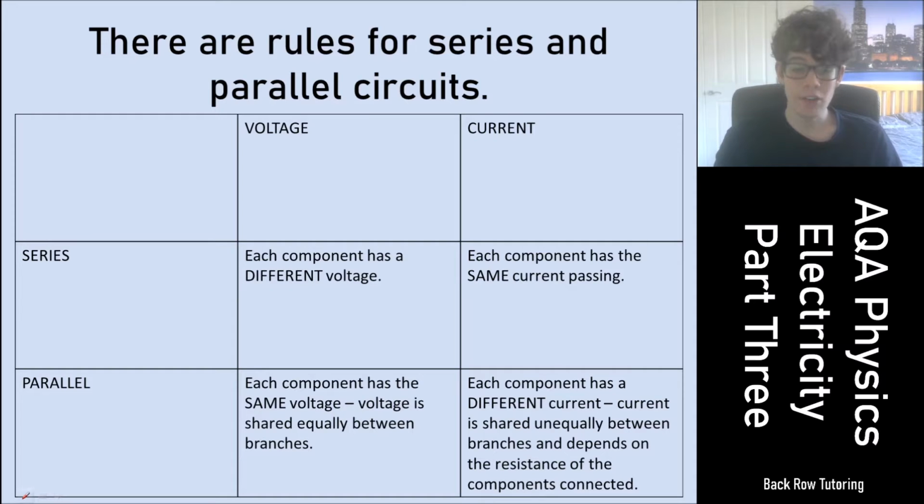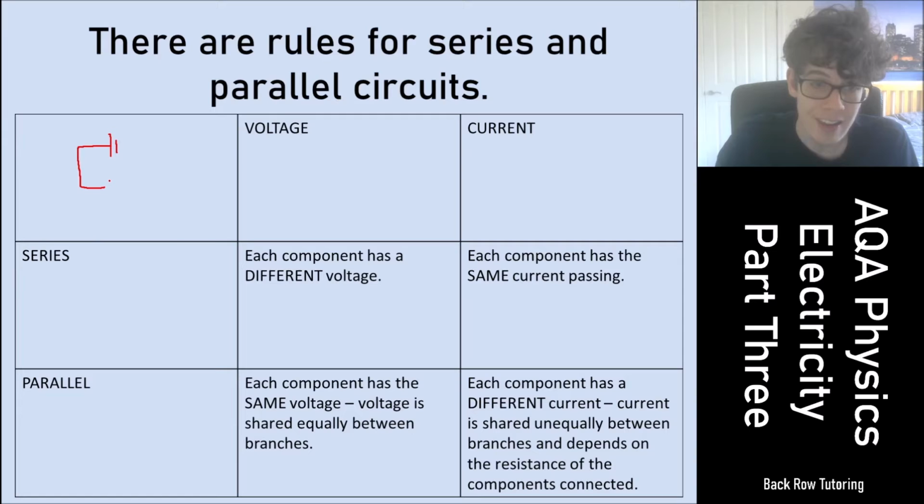Parallel and current. So if you have a circuit which has components connected in parallel, each component has a different current. Current is shared unequally between branches and depends on the resistance of the components connected. Well, we know from the first video in electricity that resistance is in opposition to current flowing.